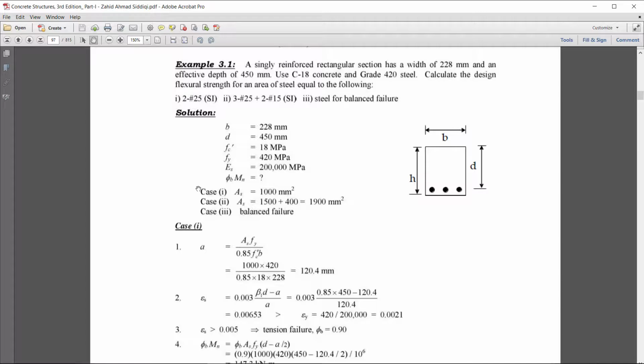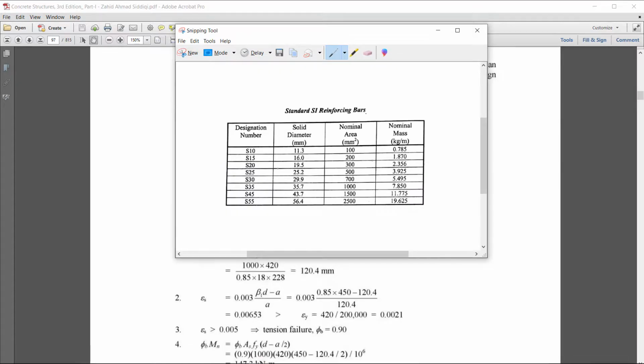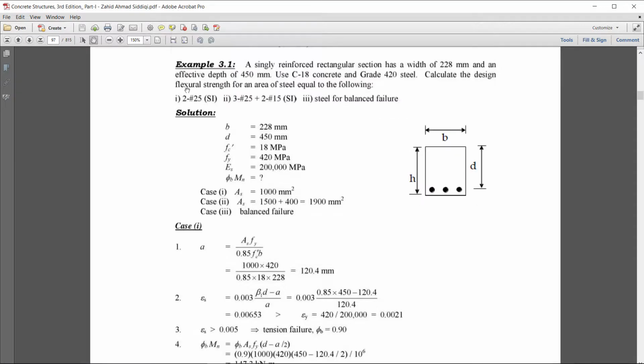First case is area of steel, 2 number 25. Here is a standard SI reinforcement bars table. The 25 bar has an area of steel of 500, so 2 number 25 means 2 into 500, that is 1000 millimeter square.